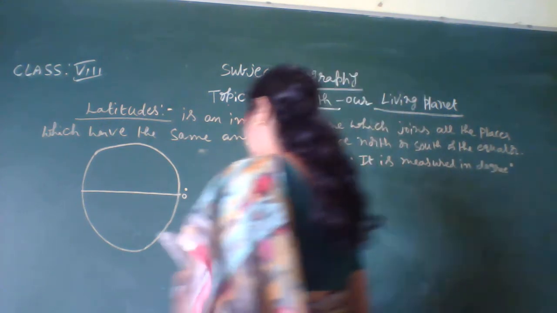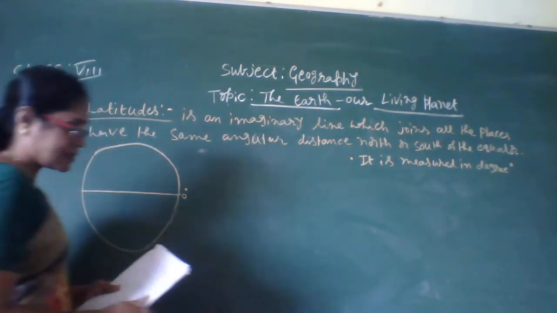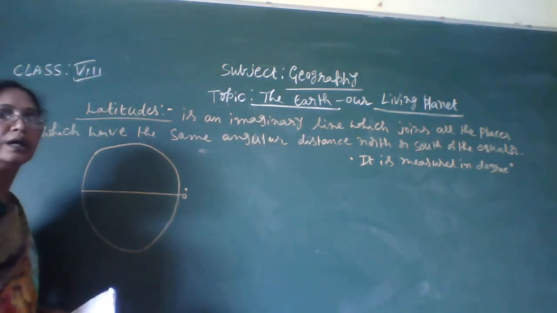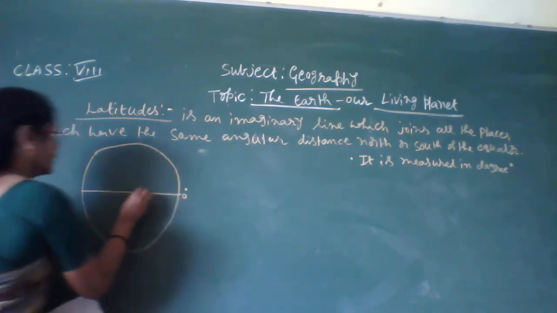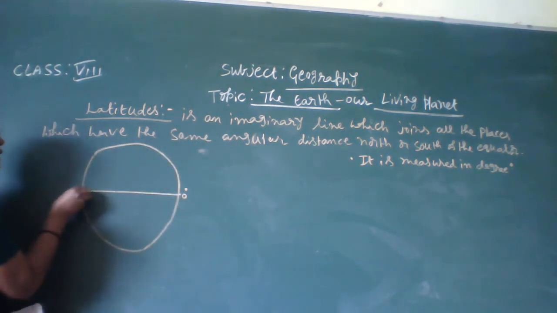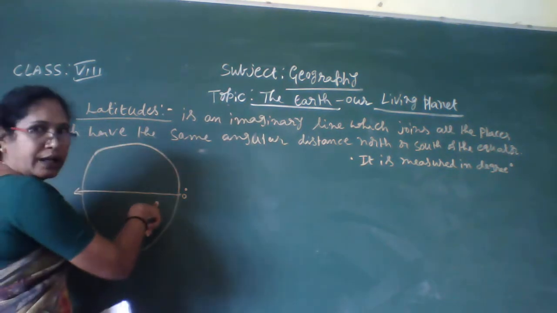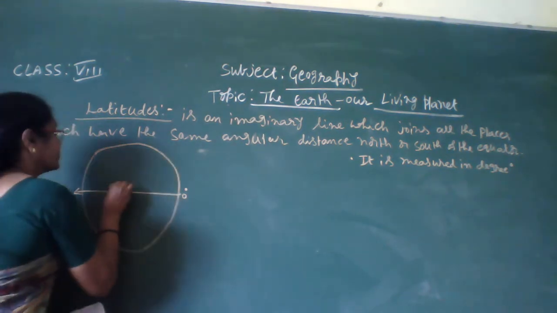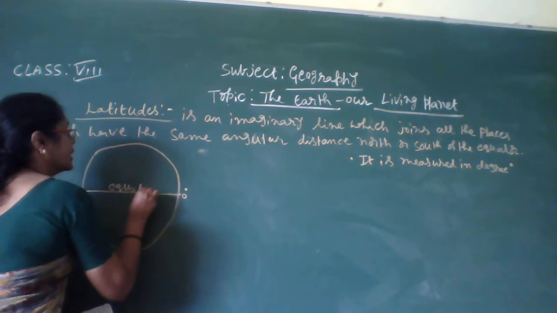Then the equator is the longest line of latitude, known as the great circle. What do we call this? Equator. 0 degree latitude is known as the equator.